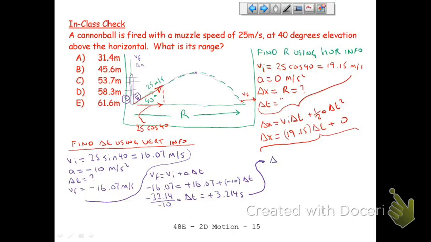So delta X is equal to 19.15 times 3.214 seconds. So I go 19.15 times 3.214. That's going to be 61.55.